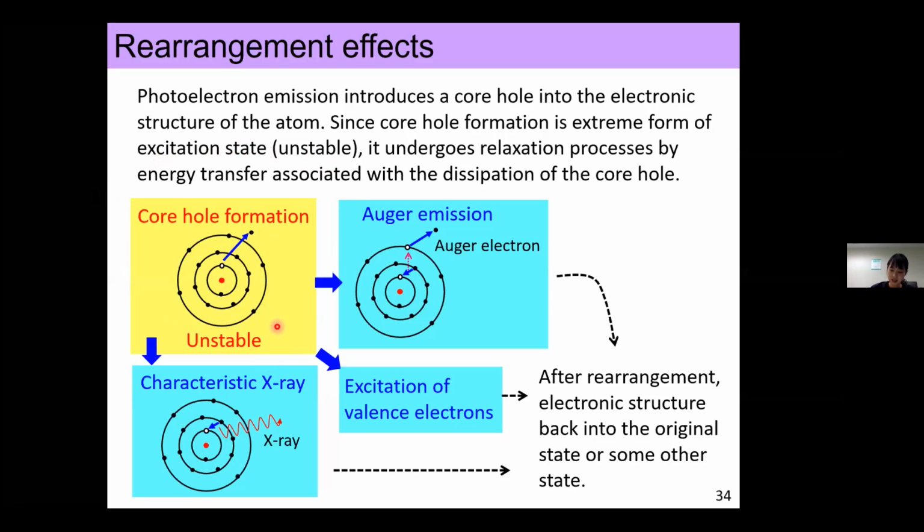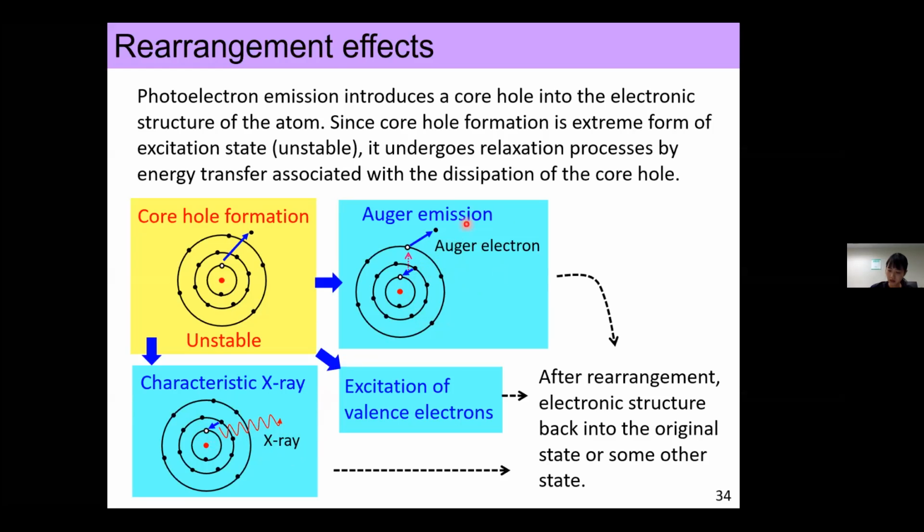There are several relaxation processes. The first one is that after core hole formation, an electron from an outer orbital drops into the inner one. Then this energy difference is taken by the emission of an X-ray. This X-ray is called characteristic X-ray. The second relaxation process is that the energy difference is taken by the emission of an electron.